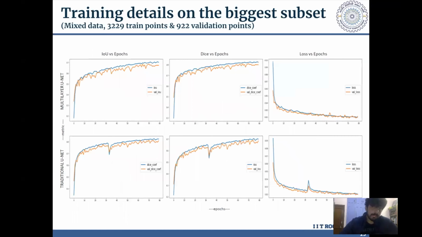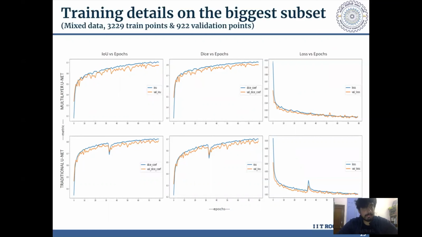All right. So here are some details on the training details of the biggest subset, which consisted of 3 to 29 training points and 9 to 2 validation data points, and consisted of mixed data. All right.